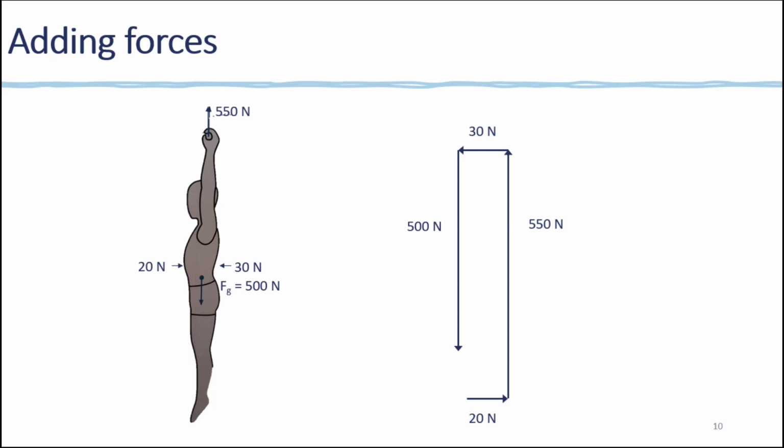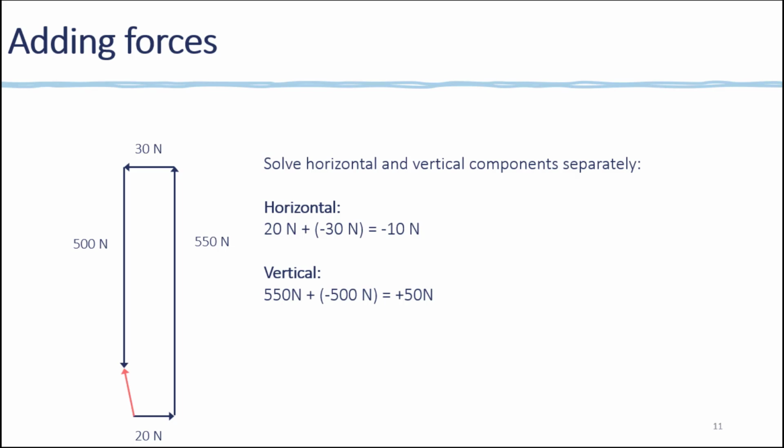And this is essentially just a graphic representation of all the forces that are acting on our system of interest, which is the gymnast here. You'll notice, or hopefully notice, that the head of this 500 Newton downward force doesn't connect to the tail of the 20 Newton horizontal force.